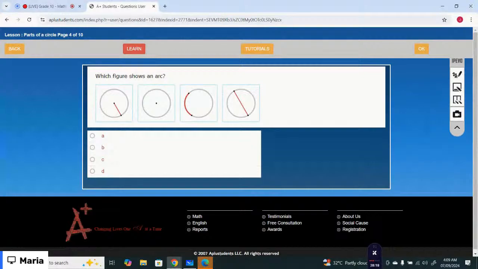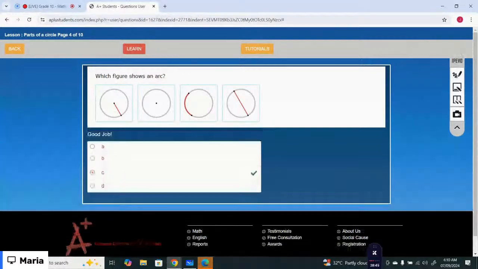Which is the correct option? Option number C is the correct option, that is the arc, right?